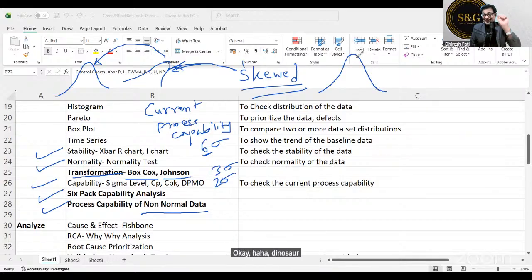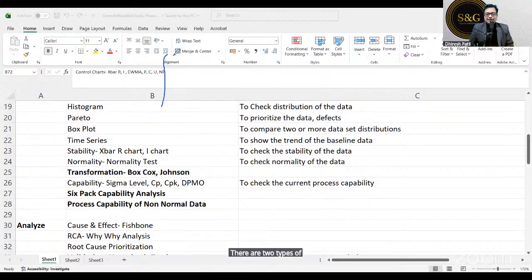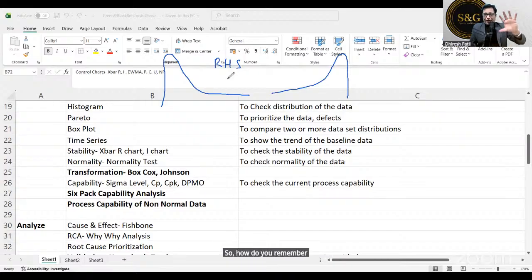Okay. Dinosaur. You remember the dinosaur theory? Let me just clear this. There are two types of skewed distributions. This is called right hand side skewed, RHS, and this is called left hand side skewed. So how do you remember? I always find interesting ways to remember. I connect this with the Jurassic Park dinosaur.